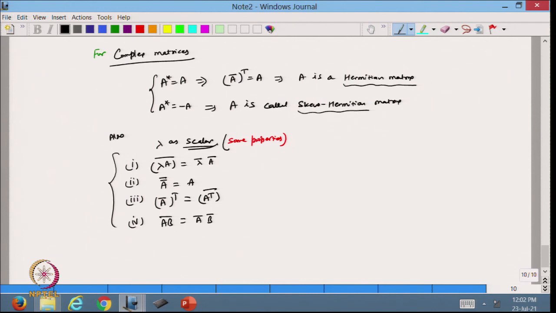Once we are able to do this, I want to define the inner product in the complex vector space. That we are going to discuss in the next lecture. So, we will stop here. In today's lecture we have discussed the inner product in the space of continuous functions defined over an interval a b, and then we wanted to define the inner product in the case of complex vector spaces.